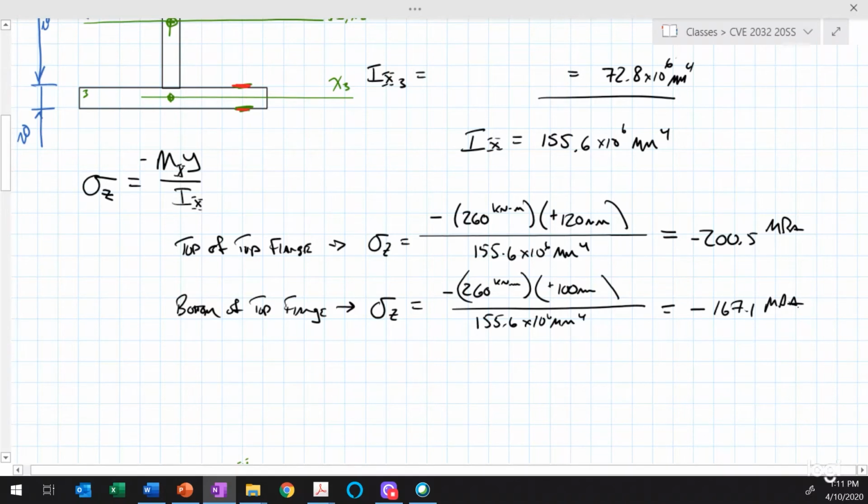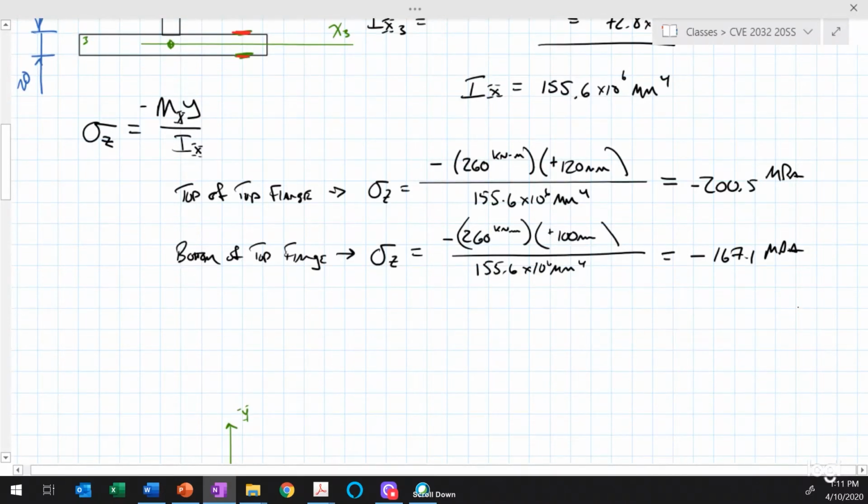We could do the same thing at the bottom flange. If we just plug in a value of negative 100 millimeters, we get a positive 167, or plug in a negative 120 millimeters and get a positive 200 megapascals.